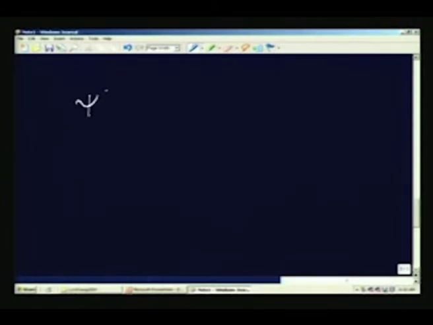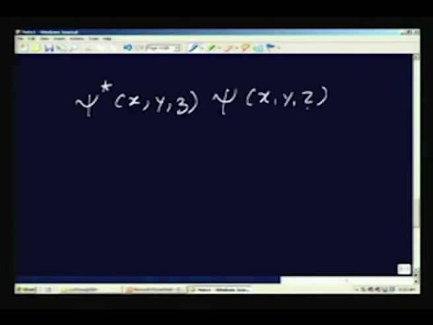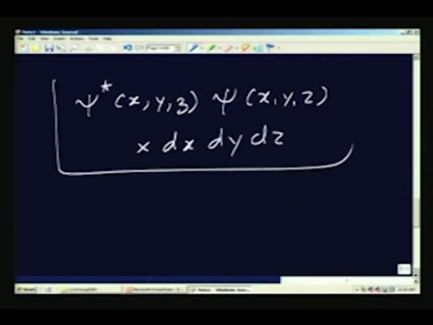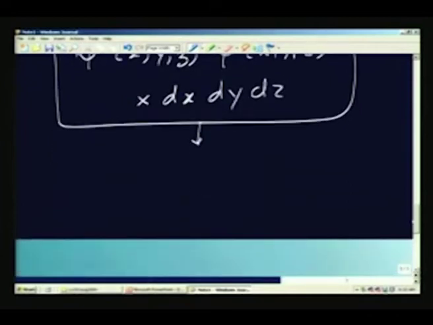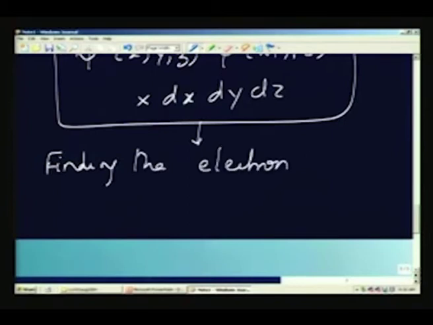If we write psi star of x, y, z times psi of x, y, z, multiplied by dx dy dz, what is the meaning of this? This term represents the probability of finding the electron in a volume enclosed between what?